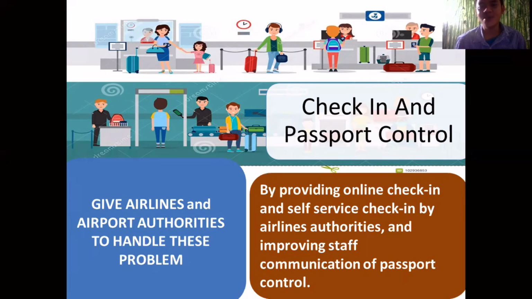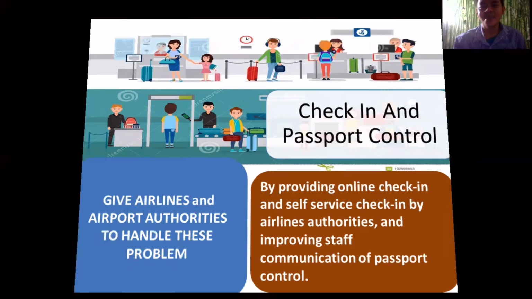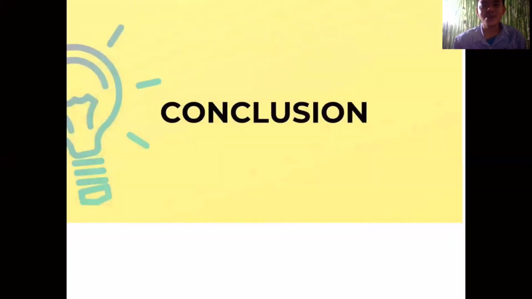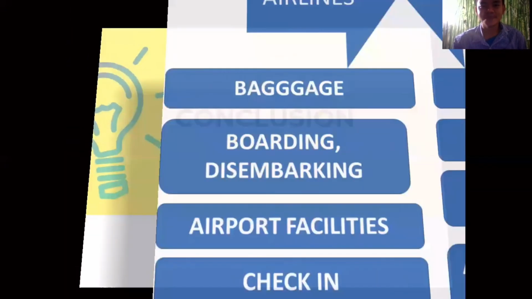For online check-in, we trust airlines with the authority, because most airlines have their own facilities for checking in online, so it could reduce complaints related to check-in and passport control. And then we head to the conclusion.